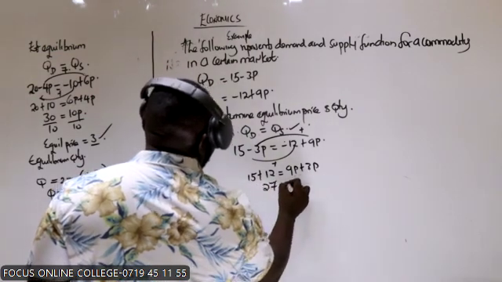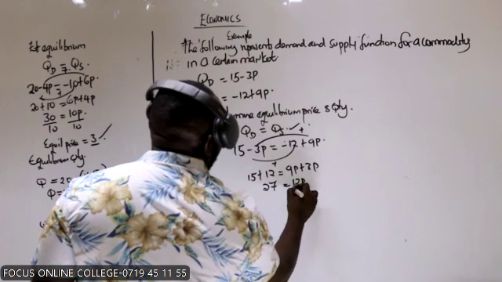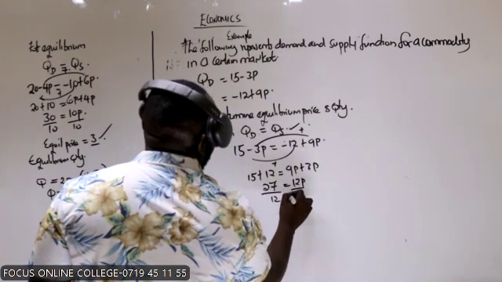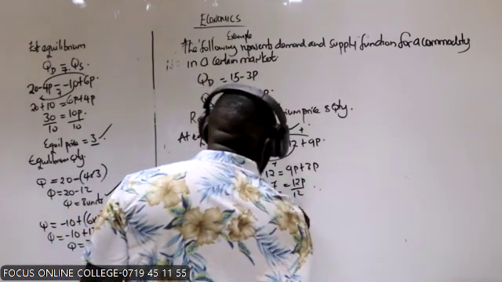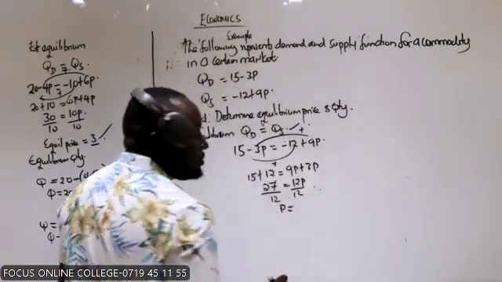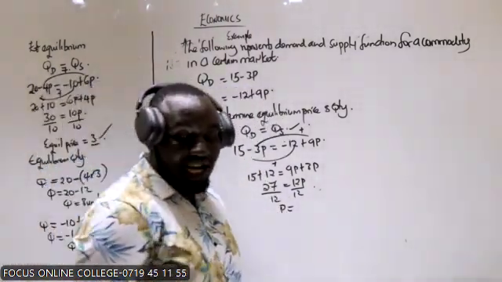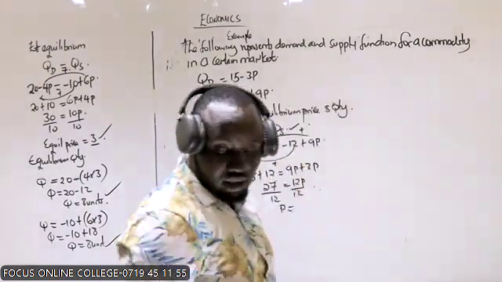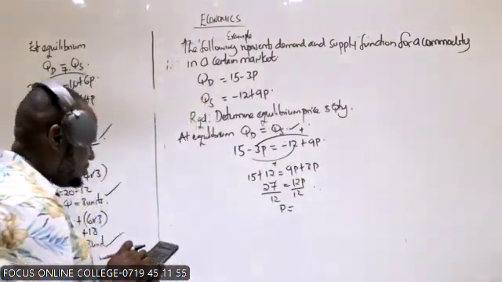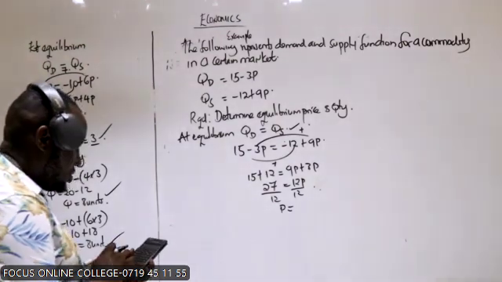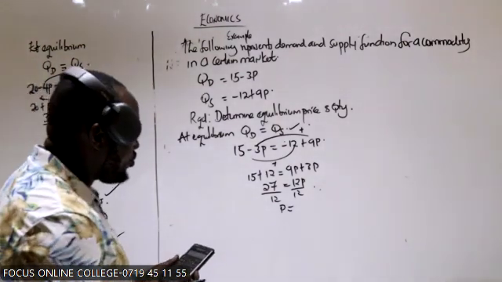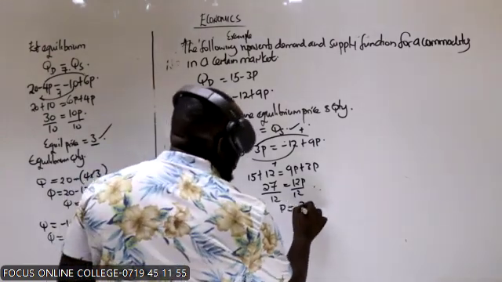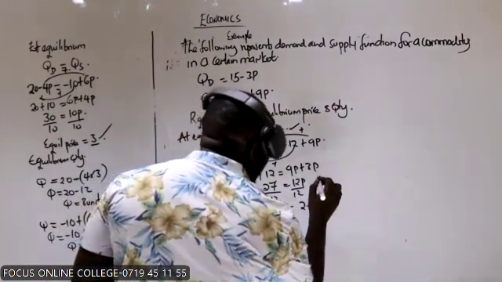So this should be 27 is equal to 12P. When I divide both sides, P is equivalent to, when you use the calculator, that should be 2.25. Are we together?